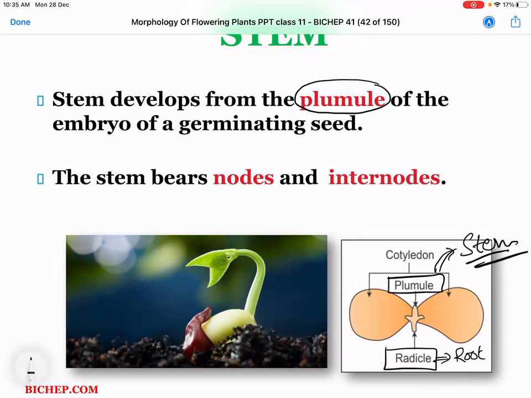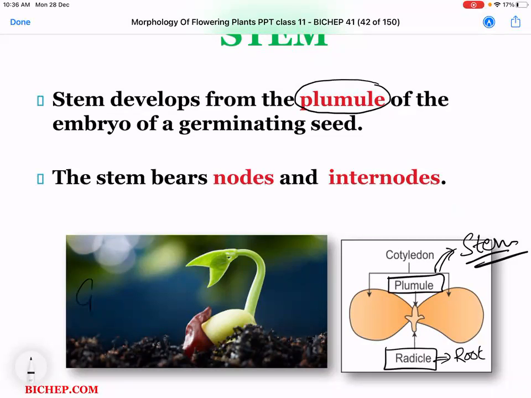So the stem is grown by the plumule of the embryo. When the embryo grows into a baby plant, that is called germination of seed.